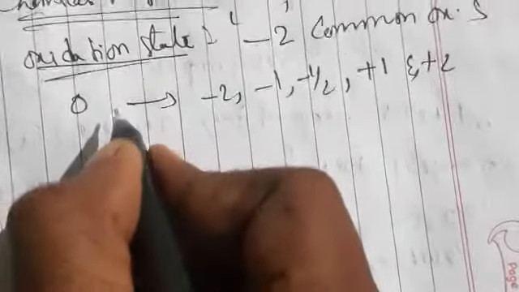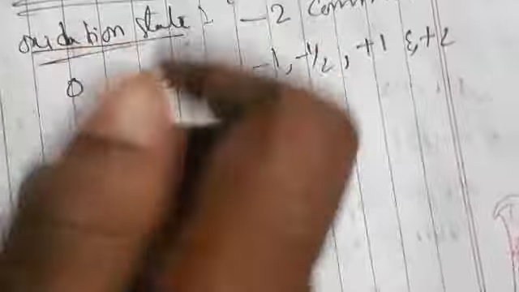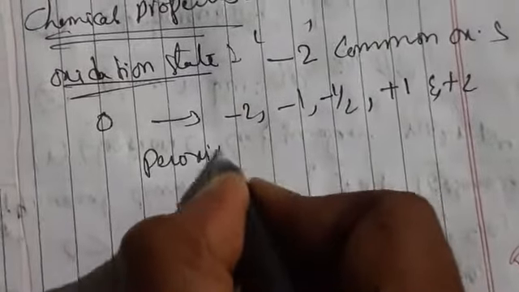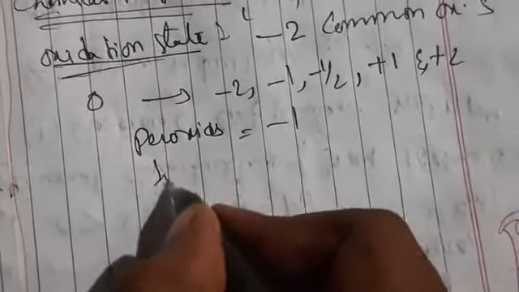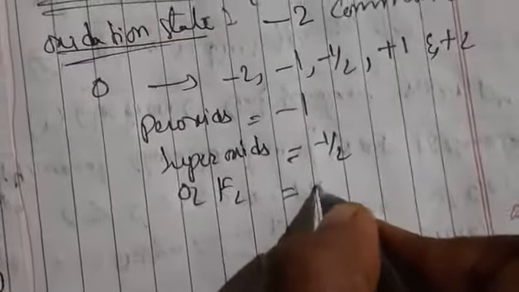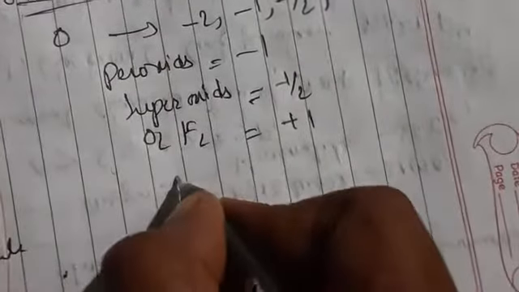If you take peroxides, you are having -1 oxidation state. Coming to superoxides, you are having -1/2 oxidation state. In O2F2, you are having +1 oxidation state, and in OF2 you are having +2 oxidation state.